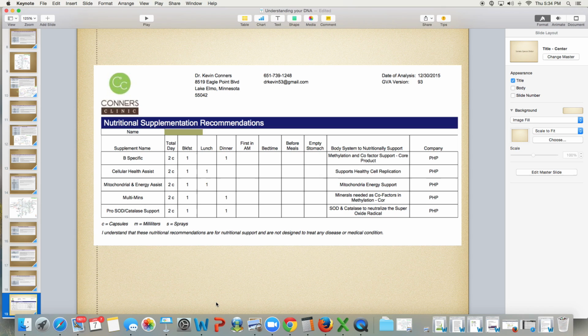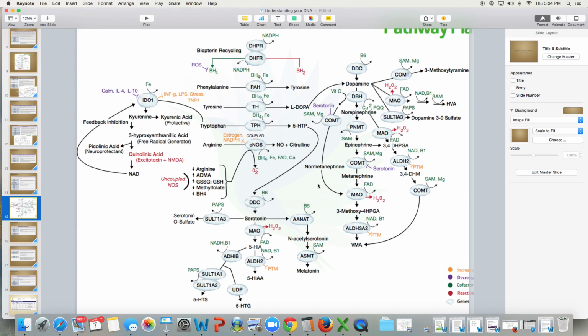So in this case, we're going to use a product called B-specific, and that specific vitamin has your B support without the methylation support, because we can't support methylation first with this person. They have so many defects in the biopterin pathway that if we push methylation too hard... this is what we see a lot with patients.